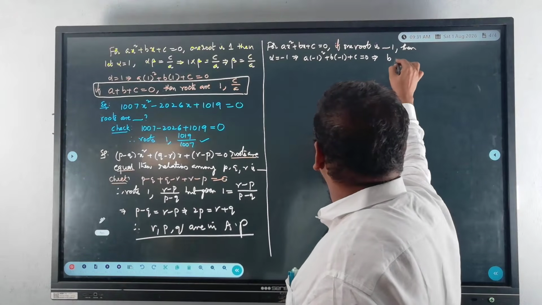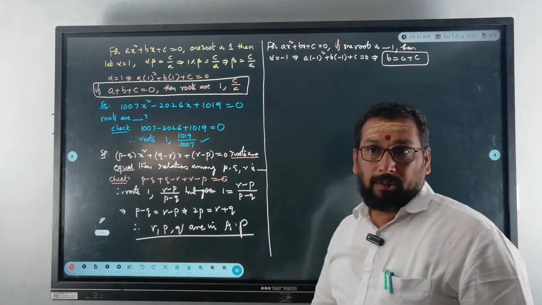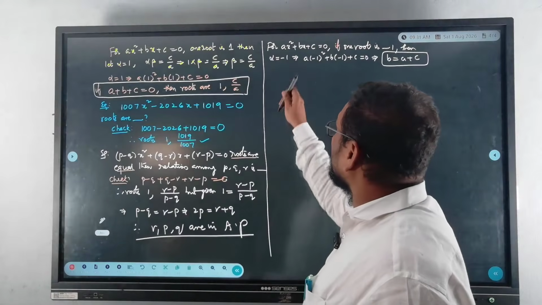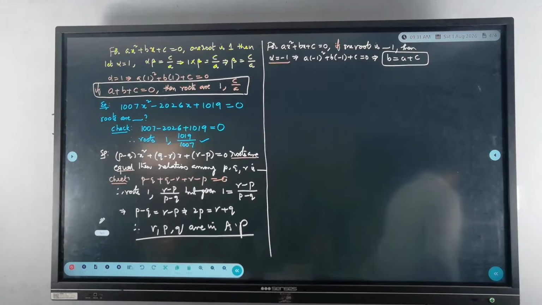That implies b is equal to a plus c. That is the condition.